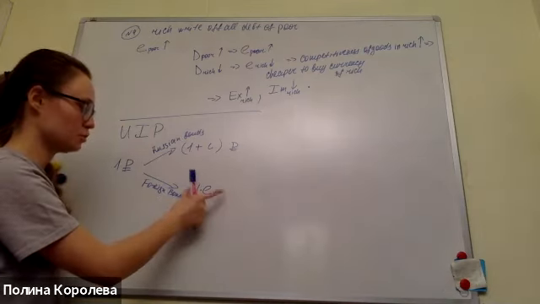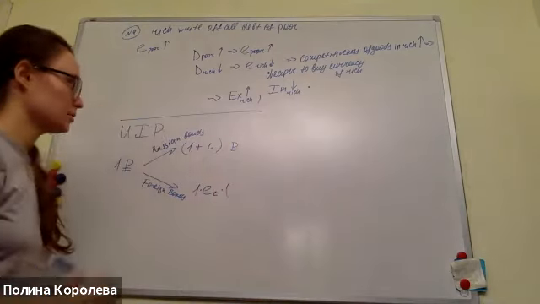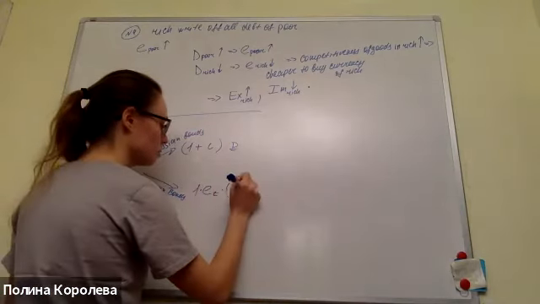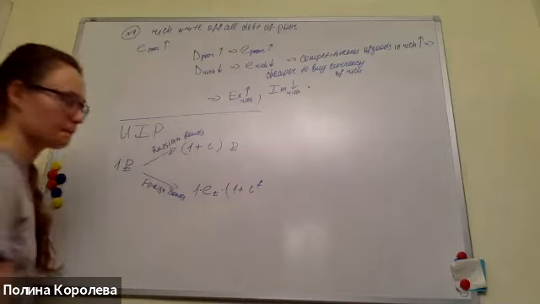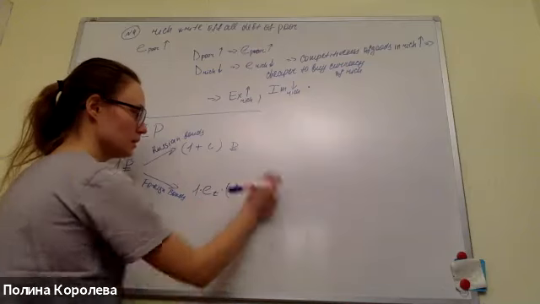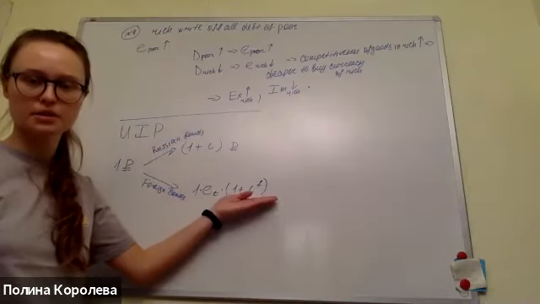And then we will have 1 plus the foreign interest rate. This sum we will have in a year, but it is in foreign currency.